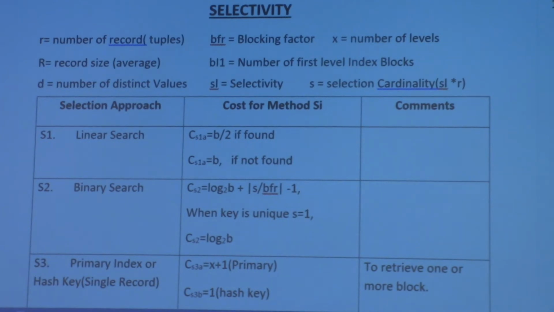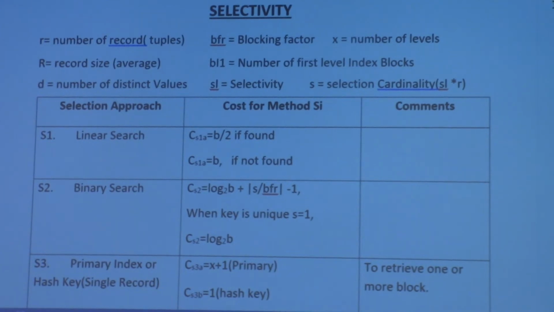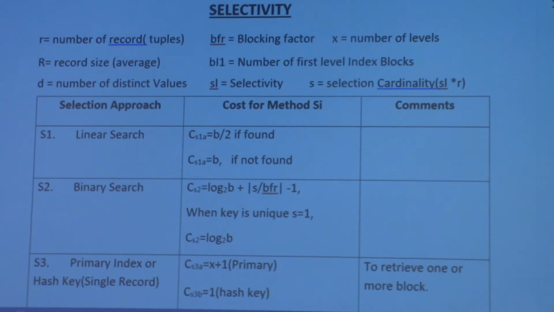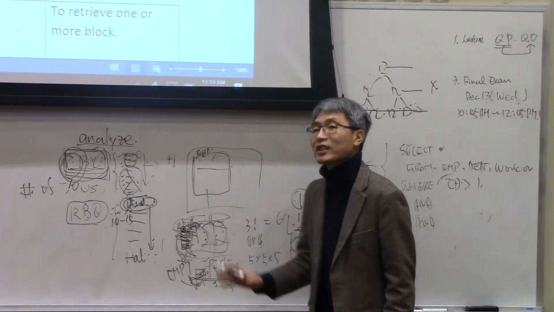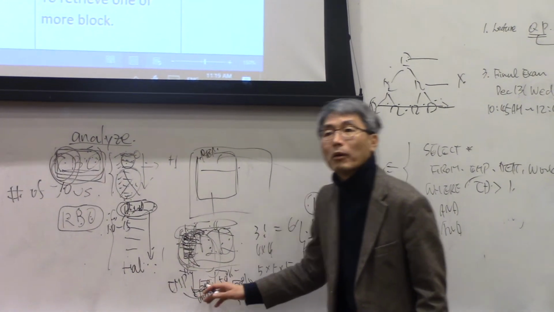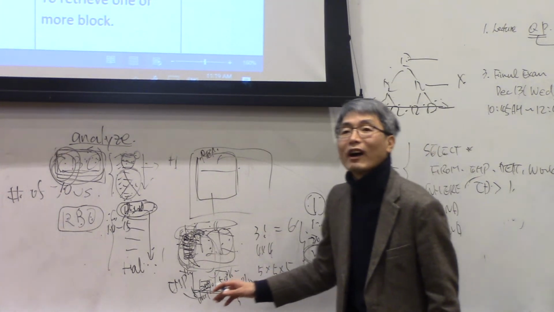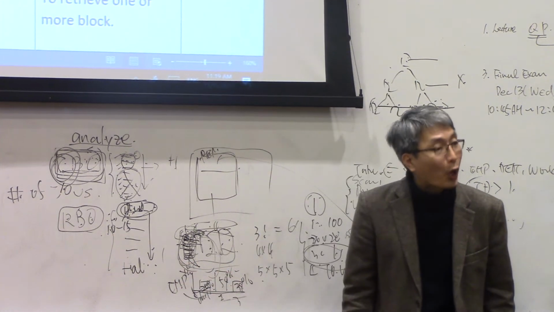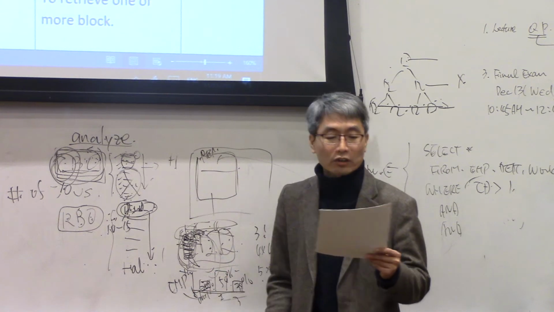Then selectivity is this one. Distribution. At the DNO in employee, 20% is the D number 1, 50% is the D number 2, 30% is the D number 3. So selectivity is the probability, a kind of portion ratio of the data in the table.